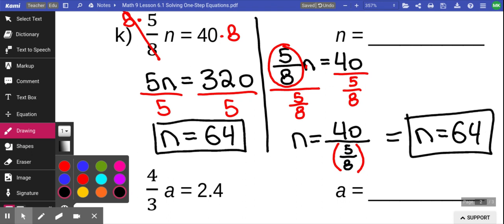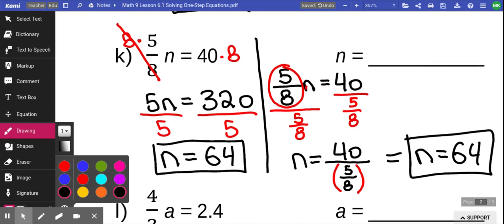The problem with doing it the second way is that your calculator often makes a mistake right there. When you try to put that in your calculator, it makes an error. It doesn't get 64. It makes some sort of mistake. So that's why I don't like that method, and I much prefer the first method. I got rid of the 8, and then I got rid of the 5, and I treated them separately.